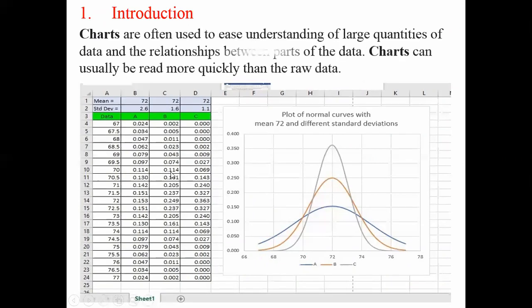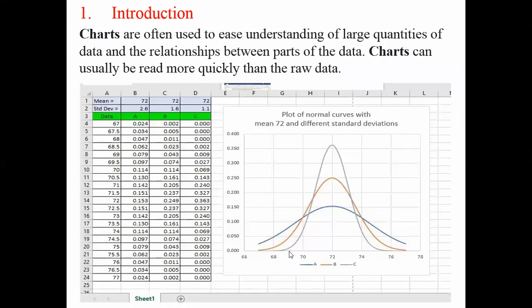So charts are often used to ease understanding of large quantities of data, especially if we have a very long, very big table with a large number of data. So it will be very easy to visualize this data and these tables in charts. Right. Charts can usually be read more quickly than the raw data.